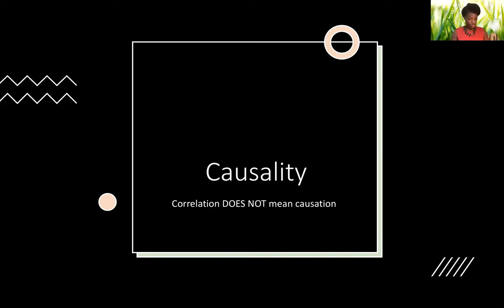So don't make that mistake. It's a common mistake to assume that the independent and dependent variables have a cause and effect relationship. Don't do that. But oftentimes we do. But you guys have learned that you're not going to do that.